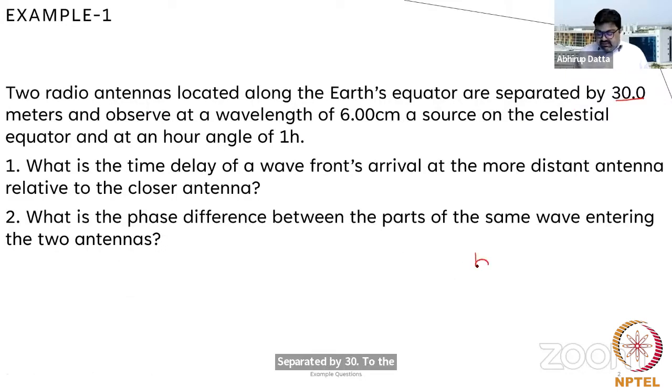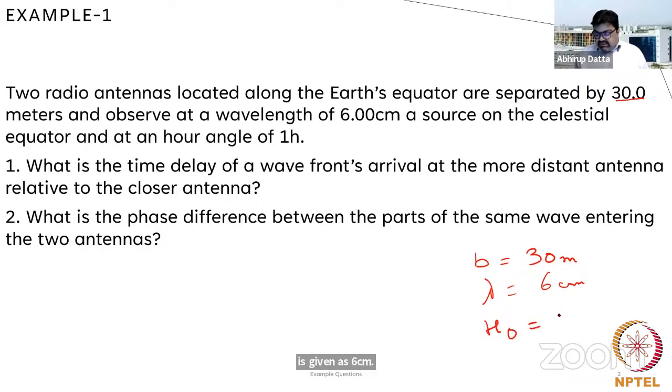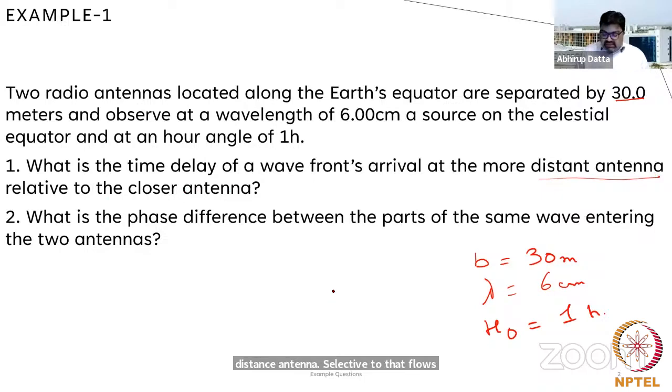The baseline is 30 meters, and the lambda is given as 6 centimeters, and the hour angle, H0, is given as 1 hour. So what is the time delay of a wavefront's arrival at the more distant antenna relative to the closer antenna? Now we know that the time delay between two antennas is given by what?